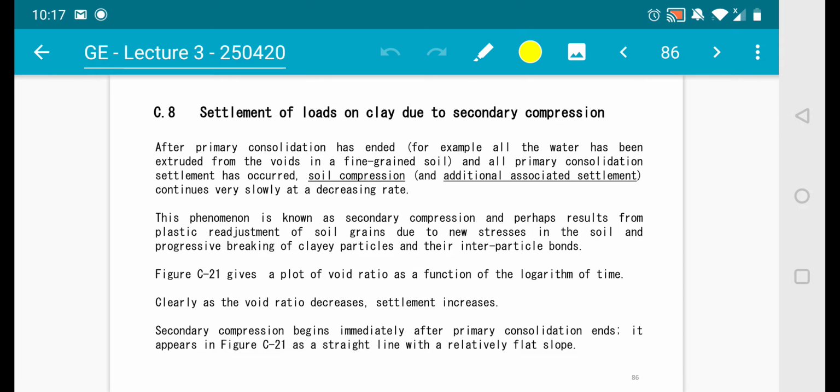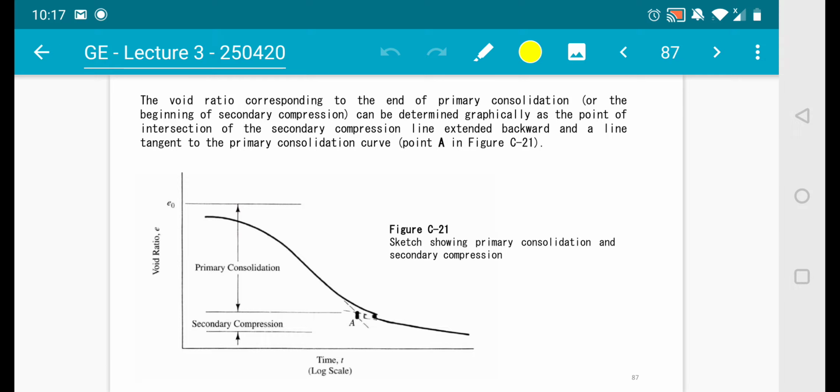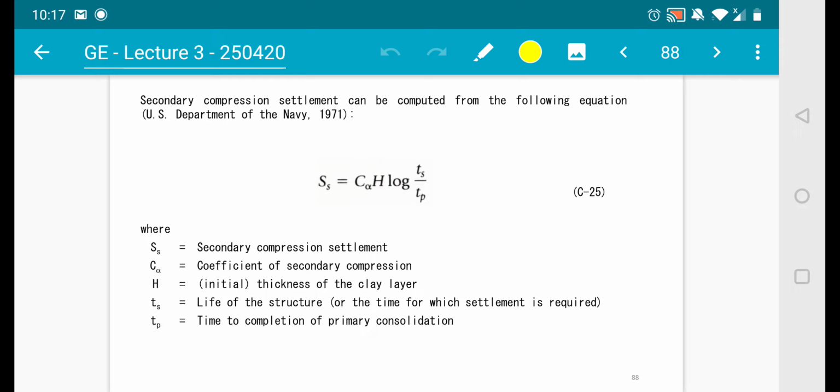Okay. Now we're going to move on to settlement of loads on clay due to secondary compression. Okay. So again, the same thing, but you got to know where is the stage, which is the third stage, which is here. Okay. And I'm going to leave you with a simple formula again.